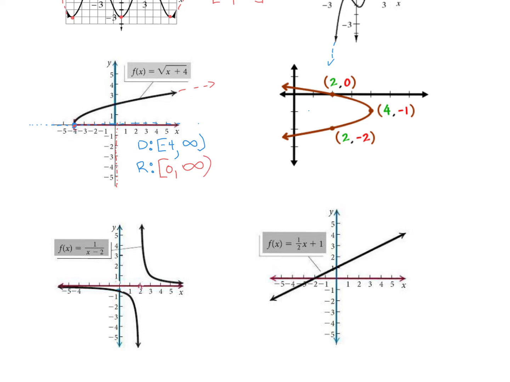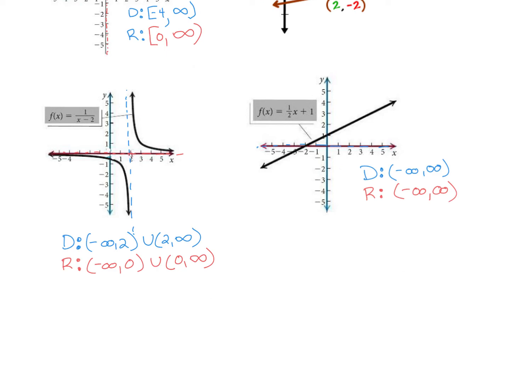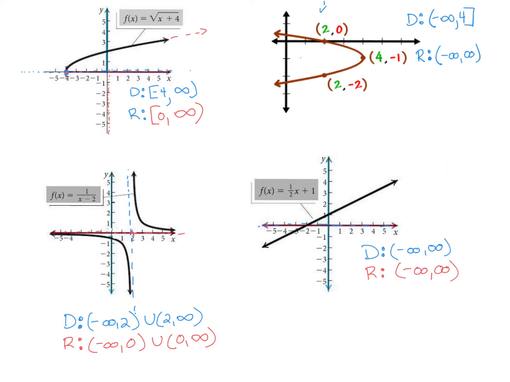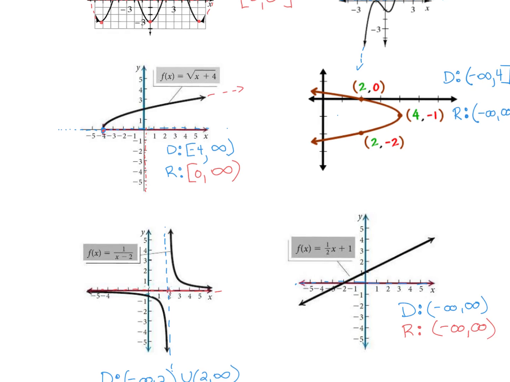Pause your video and see if you can find the domain and the range for the remainder of these functions. Let's take a quick look at these. When we looked at this first one, we should notice that these arrows on the ends are going to the left forever.